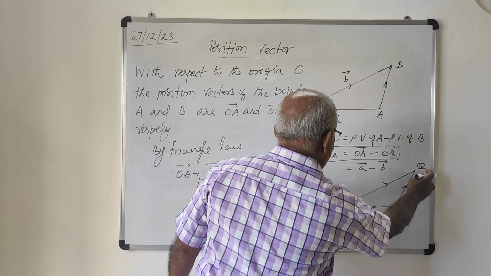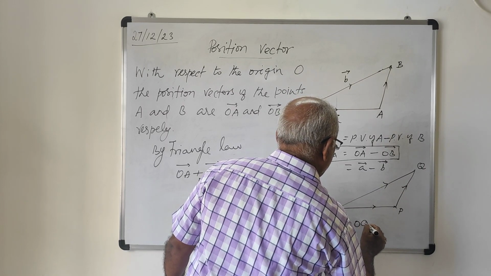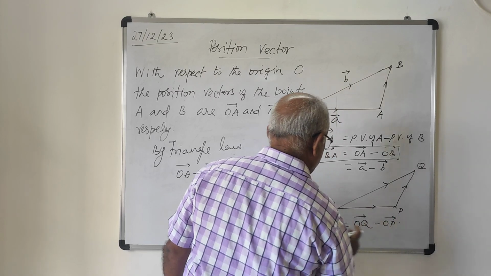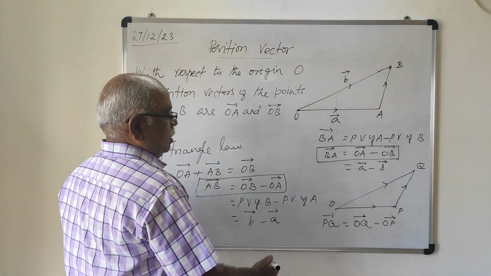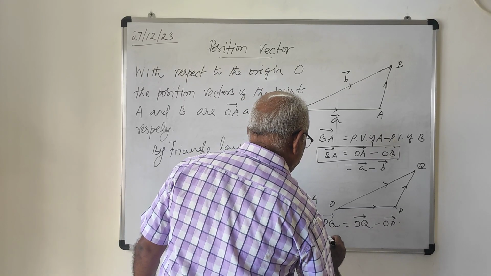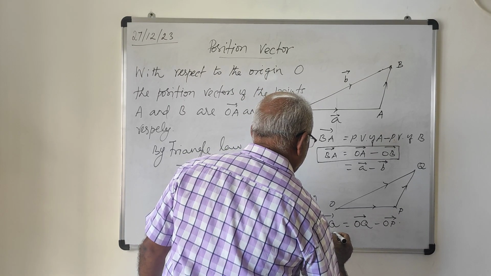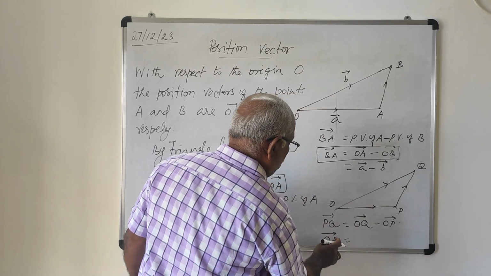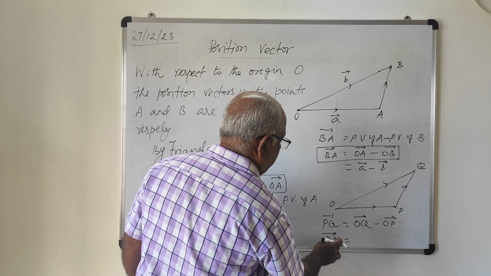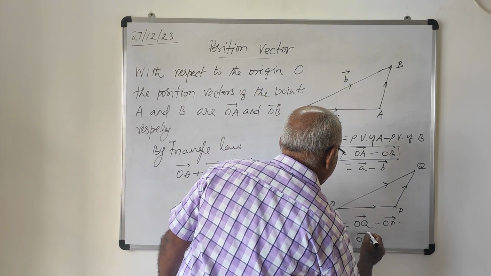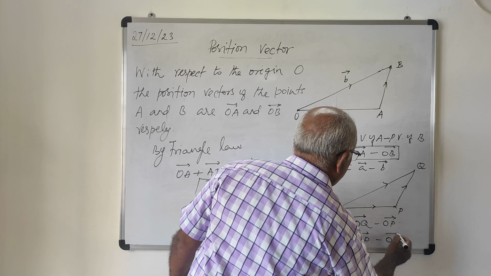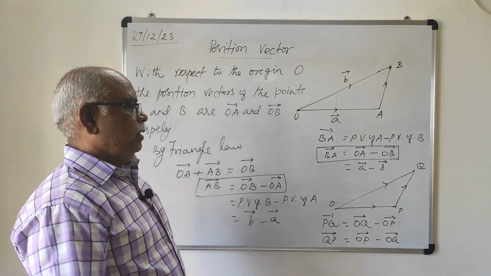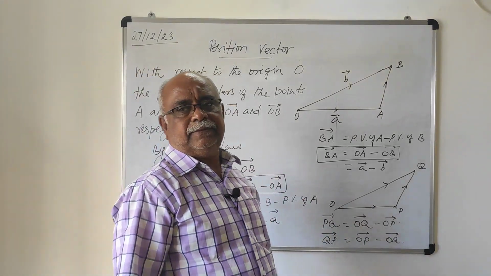PQ equals OQ minus OP, by the above result, position vector of Q minus position vector of P. Similarly, vector QP is position vector of P minus position vector of Q, that is OP minus OQ. Like that, a vector can be represented using the position vectors.